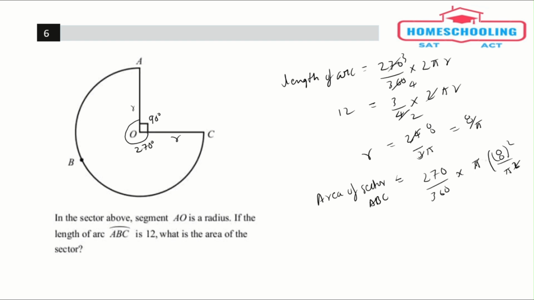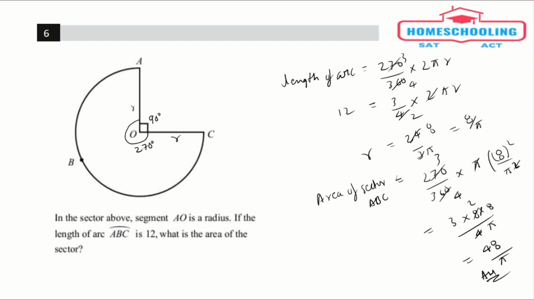So this pi goes away. This is going to be 3, this is going to be 4. So 3 into 8 into 8 by 4 pi, so this is 48. So the answer would be 48 by pi. So this is your area.